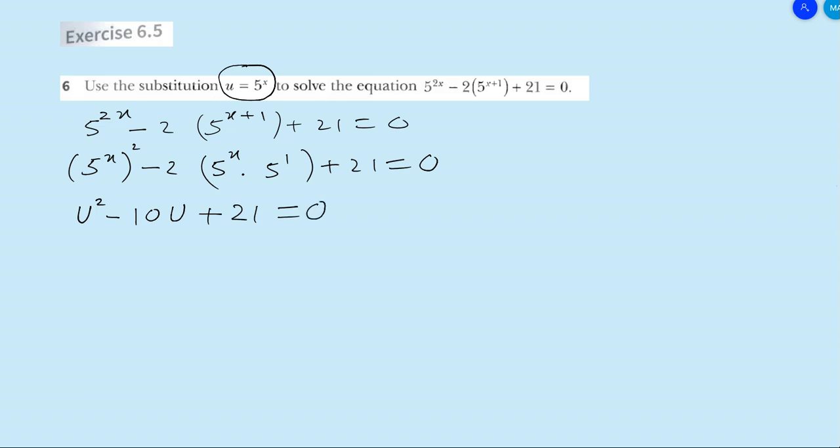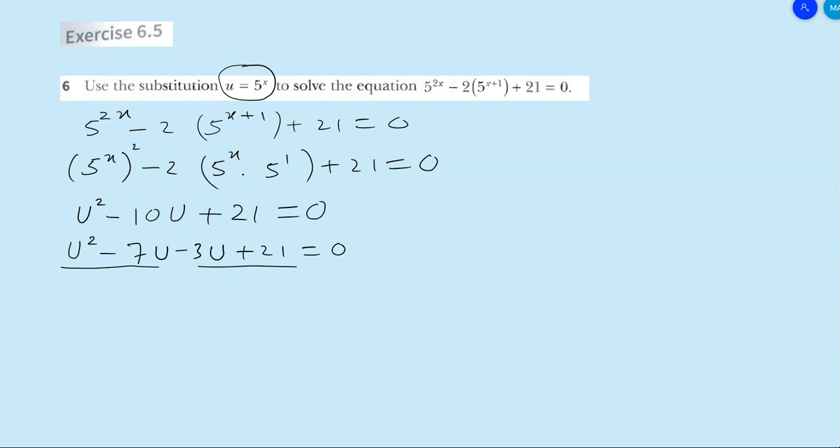This is a quadratic equation in terms of u. Apply the middle term break method. 21 1s are 21, 7 3s are 21, and 7 plus 3 is 10. So u square minus 7u minus 3u plus 21 is equal to 0.